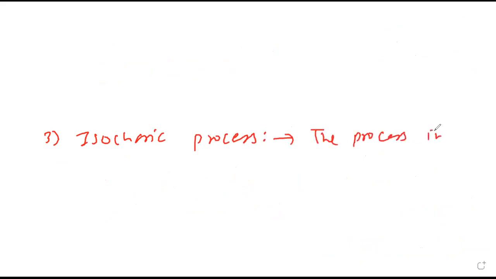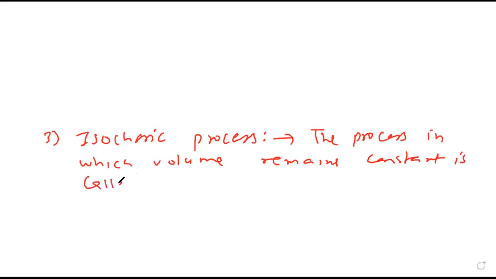Third one, isochoric process. The process in which volume remains constant is called an isochoric process.